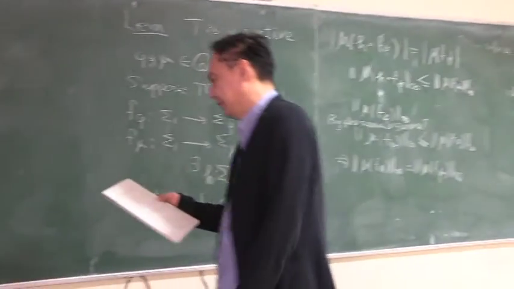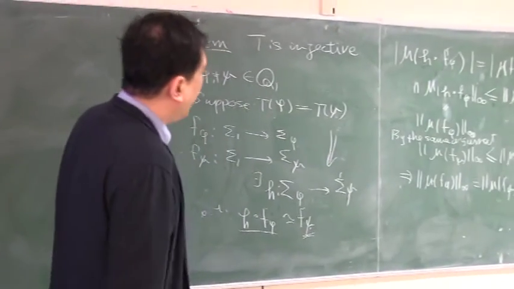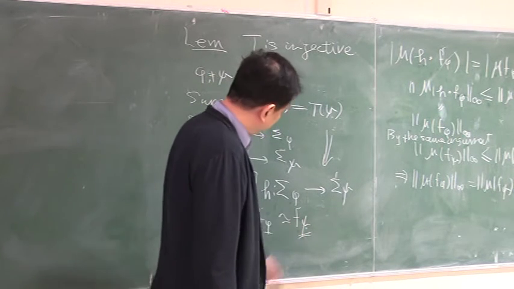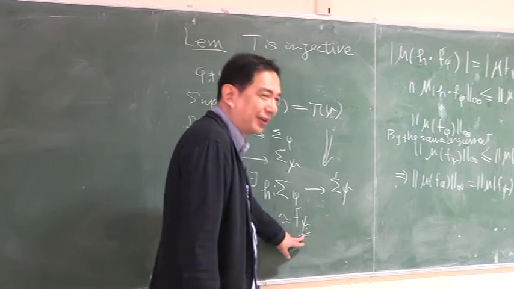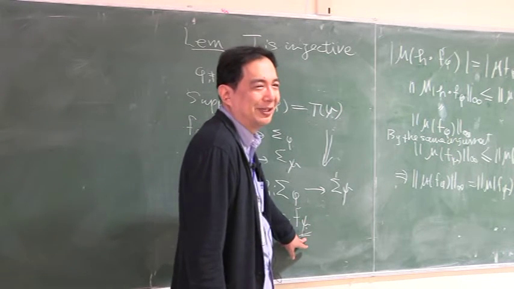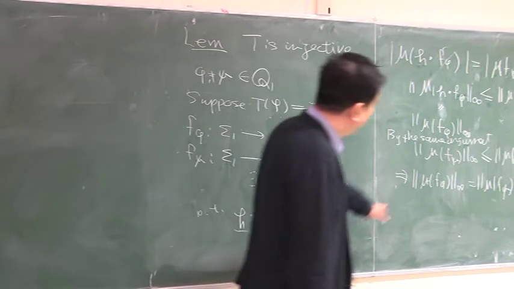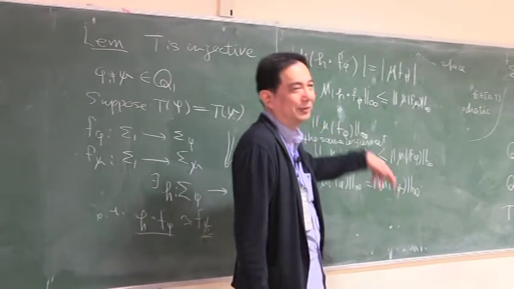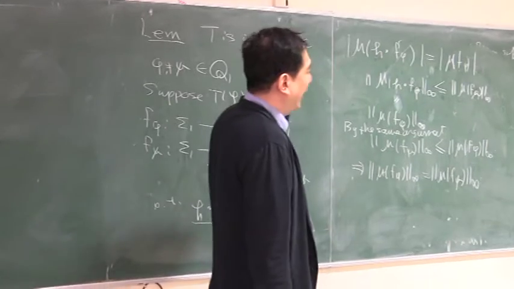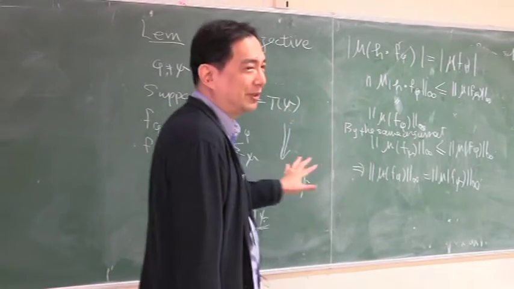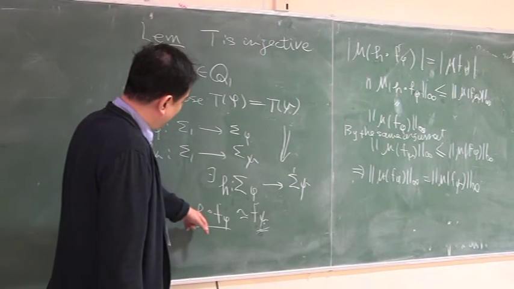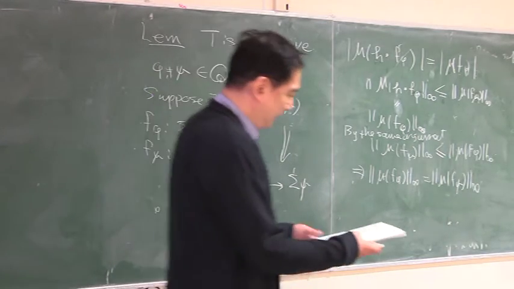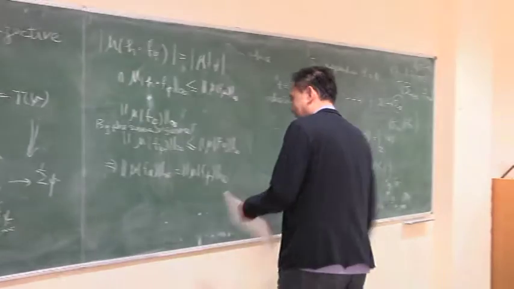Right. So now, because F psi was the unique quasi-conformal map attaining the smallest maximal dilatation, but these two have the same complex dilatation, implying that they have the same maximal dilatation, it implies that these two should be the same map.